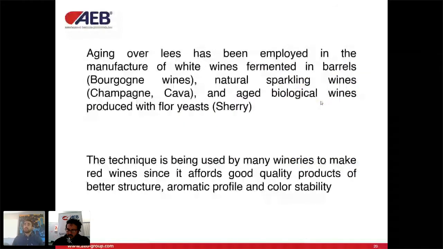So this aging of the wine on the lees is not only used for white wines, but nowadays this technique has become more and more popular for red wines too, to increase the structure and the aromatic profile, and the use of mannoproteins also shows to help with color stability.